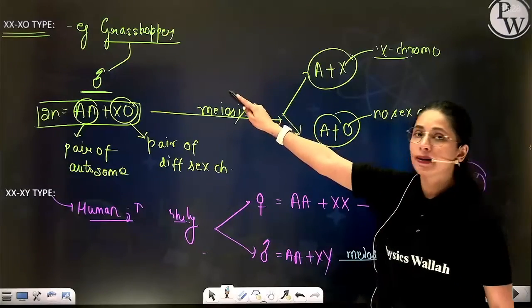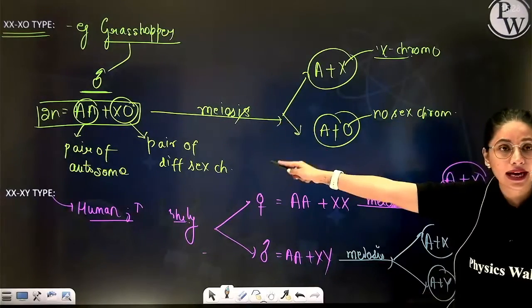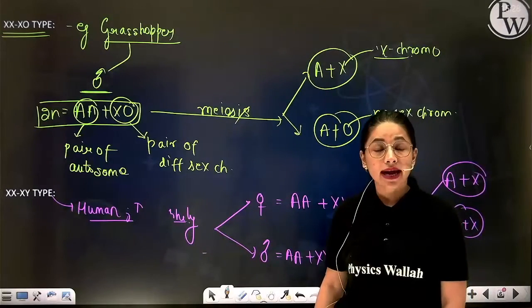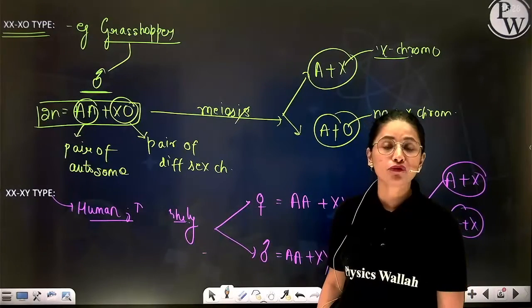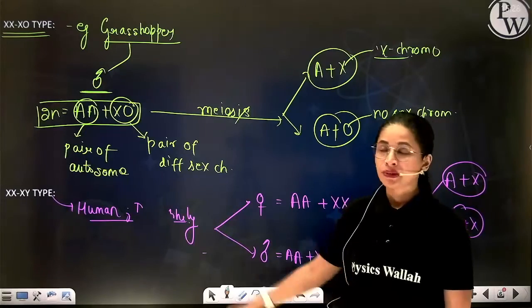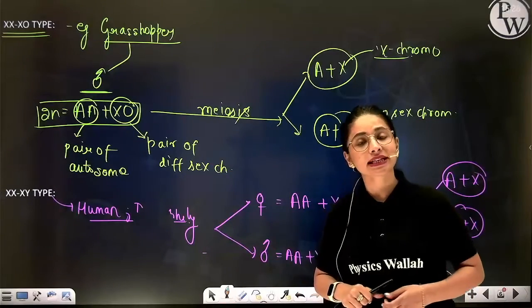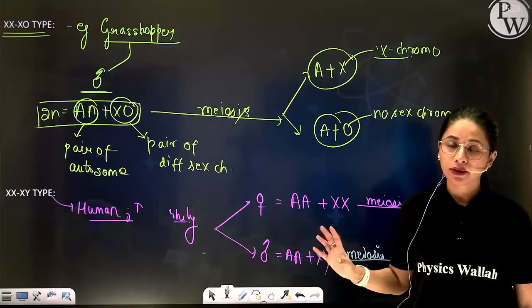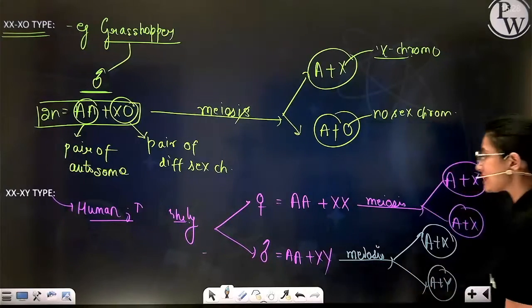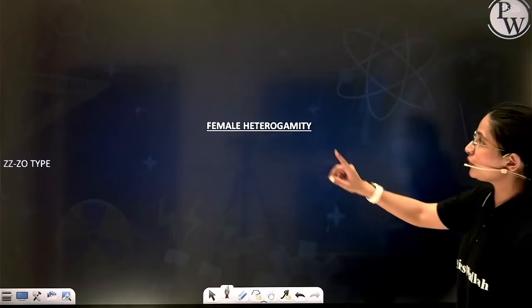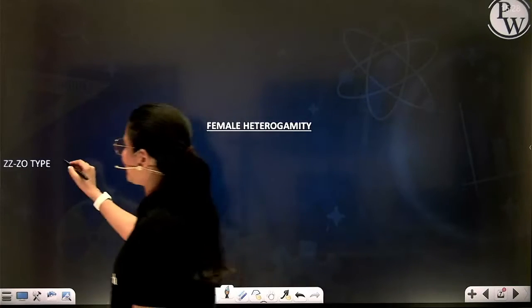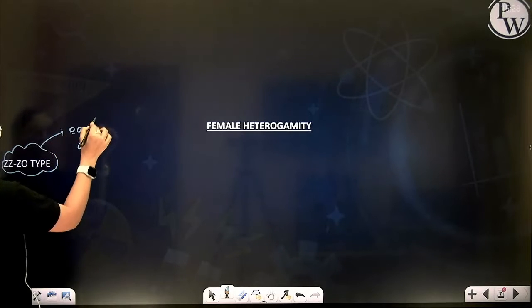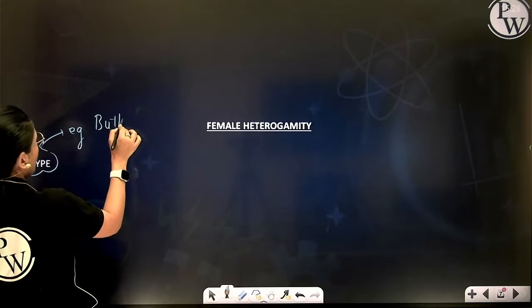So one is the XO type of male heterogamety and the second is the XY type of male heterogamety. These are the two different methods of sex determination on the basis of chromosomal arrangement. Next, coming under female heterogamety is the ZO type, which you see in butterflies and moths.